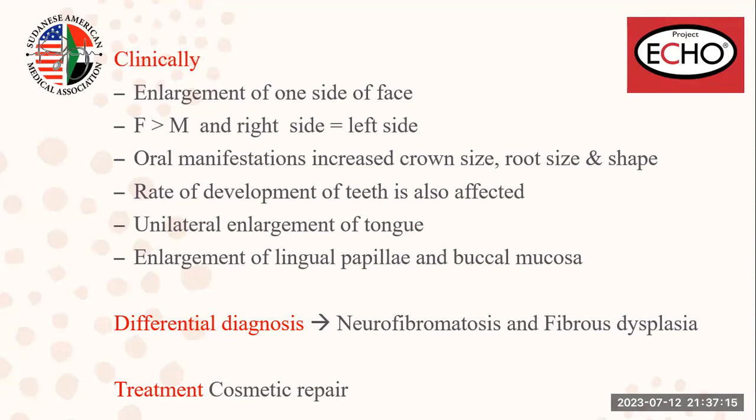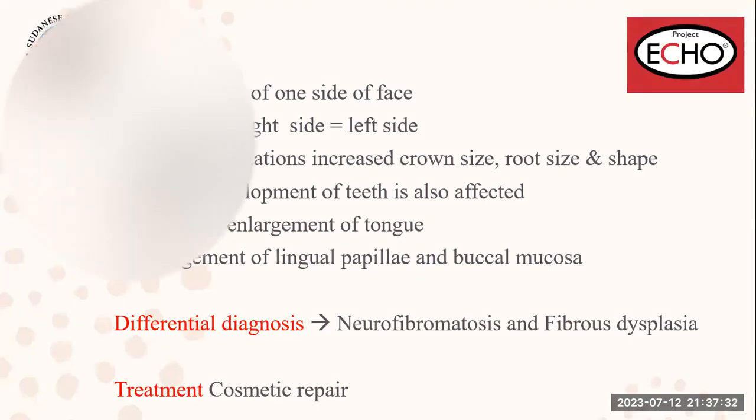The differential diagnosis is fibrous dysplasia and neurofibromatosis. Both of them are connective tissue problems, and the treatment is cosmetic repair. So this is something for the plastic surgery department, and mostly surgical treatment.